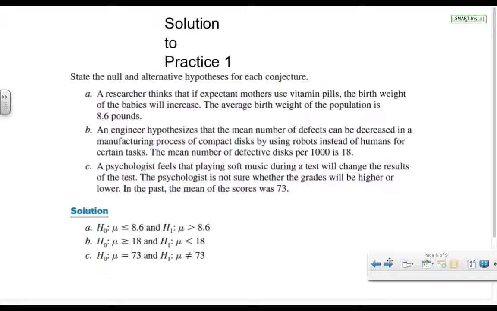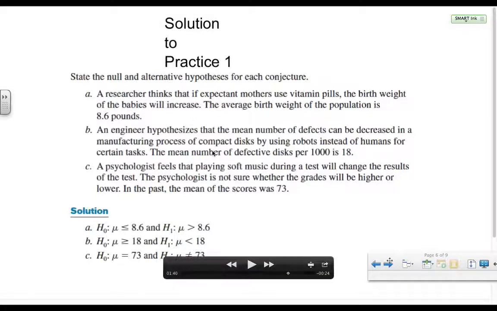The mean number of defects per 1,000 discs is 18. So we want to say that the robot rate is going to be less than the human rate. So our H1 is that the mean is less than 18. Our H0 then is that the mean would be greater than or equal to 18.